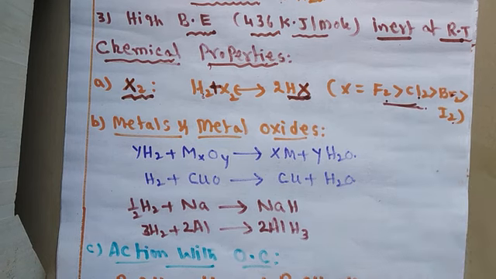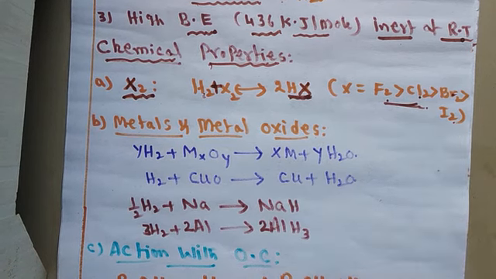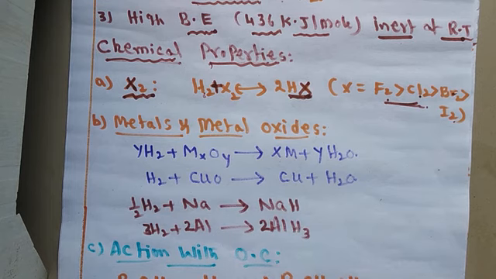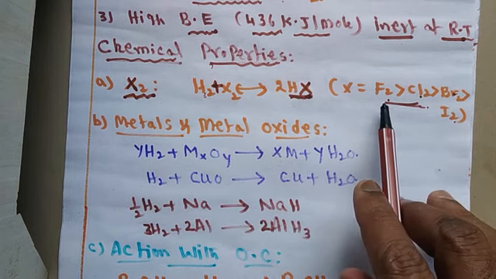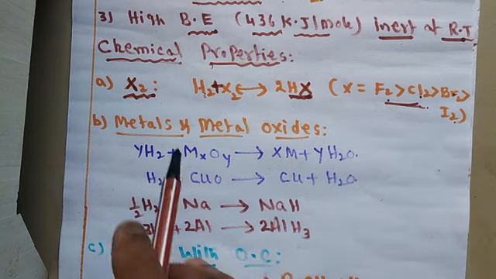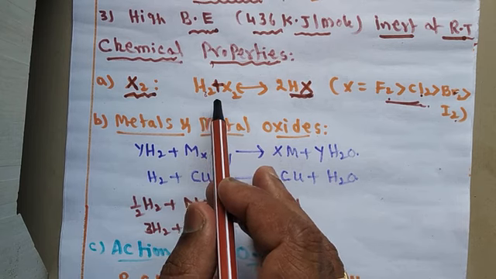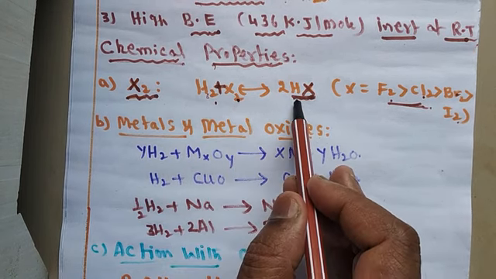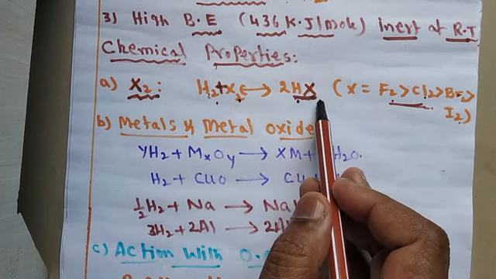But bromine reacts only in sunlight, and temperature is also needed, children. So the reactivity gradually decreases from fluorine to iodine. The general reaction is: H2 plus X2 gives hydrogen halides.